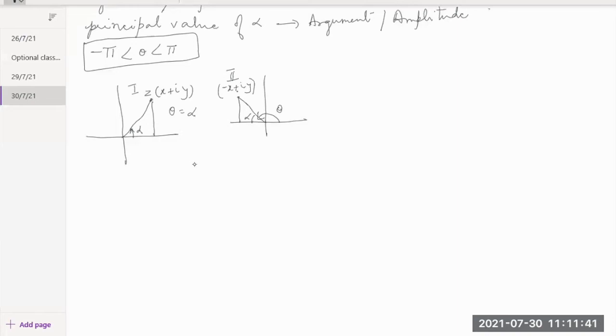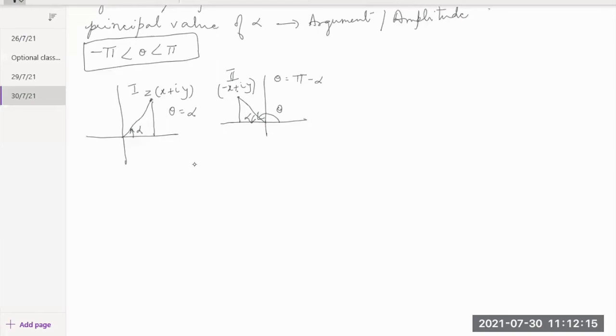Let me just extend these lines so that you can read clearly. Since my complex number is lying in the second quadrant, theta will be simply pi minus alpha. This is the case when the complex number is in the second quadrant.